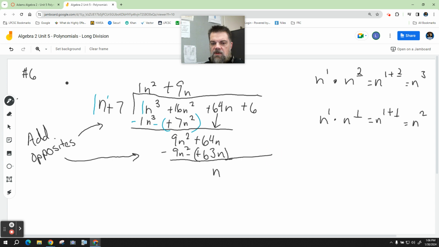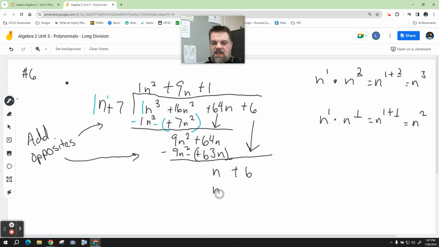And then lastly, we got to drop down this positive 6. Now, unfortunately, I'm going to have a remainder. I don't think it's unfortunate, but wouldn't it have been nice if this equaled n plus 7? But it doesn't. So what do I multiply 1n by to get n? Well, just a positive 1. You got to remember to write the positive 1 down.